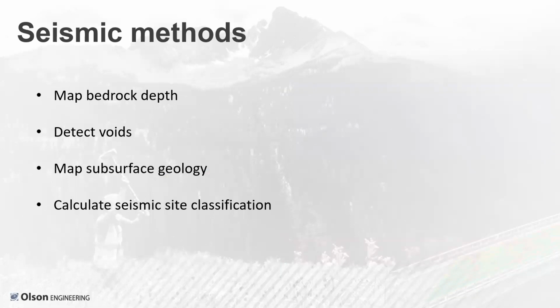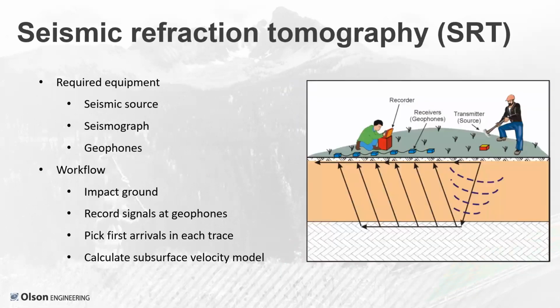So why would we use seismic methods on dams? Well, the main reasons are mapping bedrock depth, detecting voids, mapping subsurface geology, and then calculating seismic site classification. So this is seismic refraction tomography. Typically, you put energy into the ground.